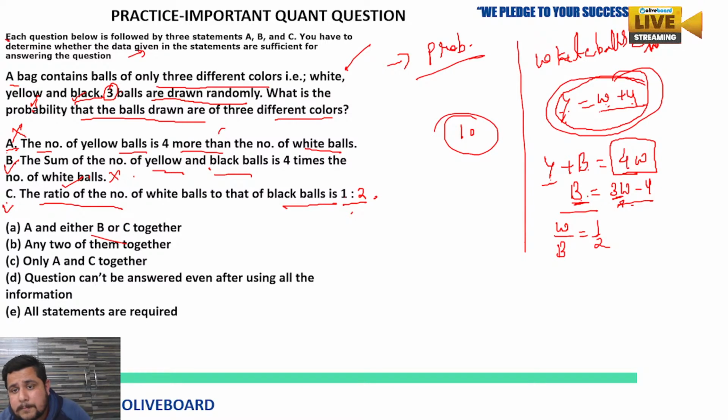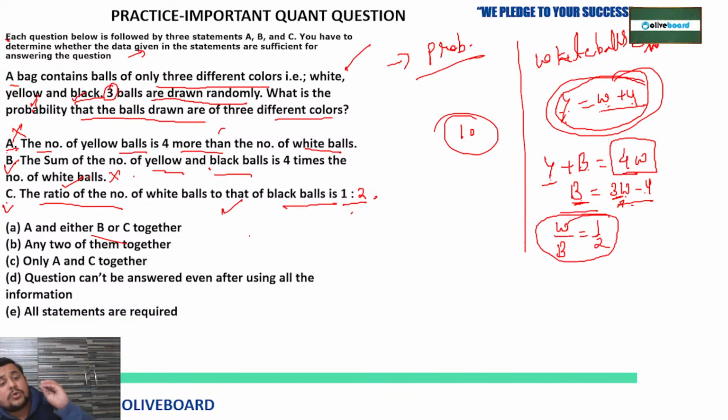B equals 3W minus 4, because this is what is given to us in statement C. So it is also not possible to find the values or the probability with the help of C alone. But if we look at all three statements: first one alone not sufficient, second one alone not sufficient, but B equals 3W minus 4, how did we get that?